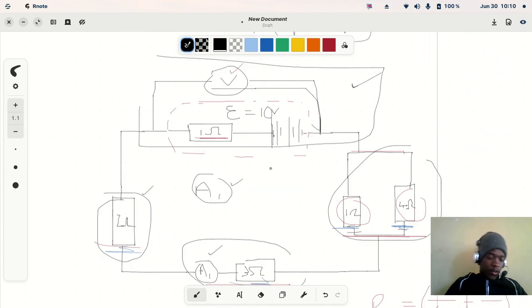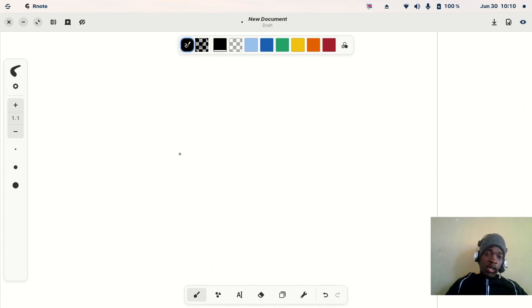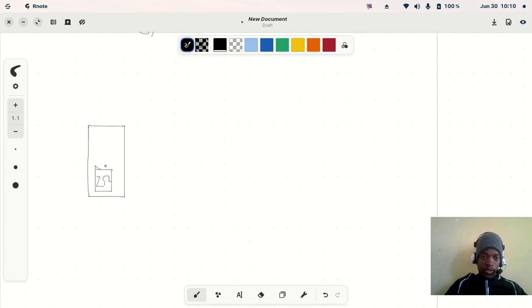Now I've got another question written down. Let's do another one. So let's suppose I've got a circuit, and in this circuit we've got a battery, an internal circuit rather. Inside this battery we've got its internal resistance of 2 ohms, and then you have the power supply.